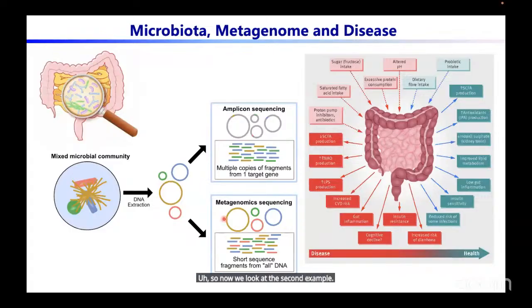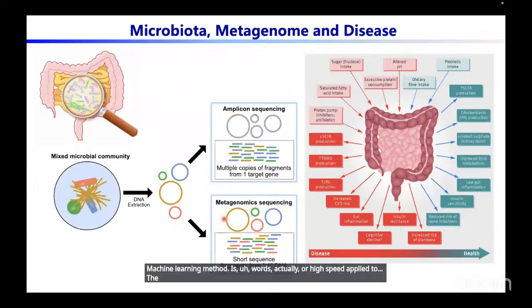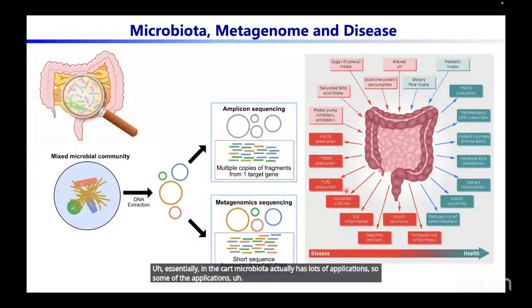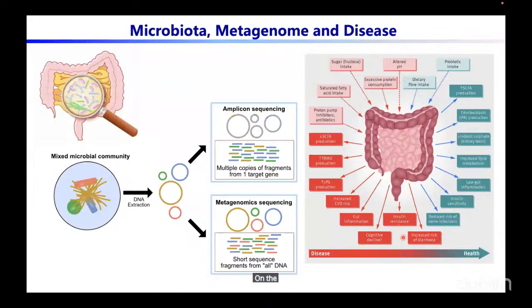In this case, a machine learning method has been applied to diagnosis based on the metagenomic data of the stool samples. Metagenomic data of the microbiota, essentially in the gut microbiota, actually has lots of applications. Some of the applications are listed on the right-hand side.